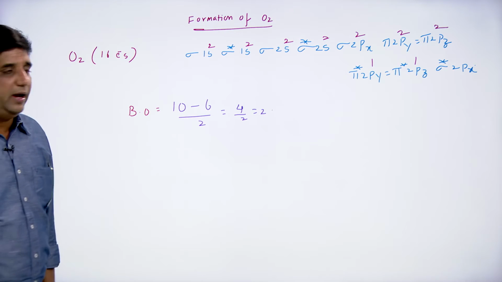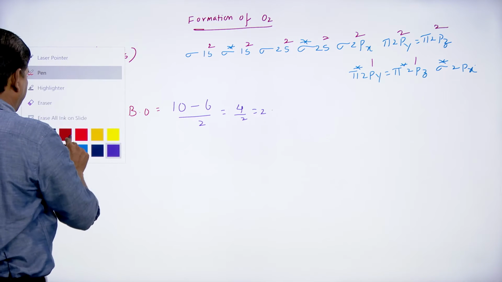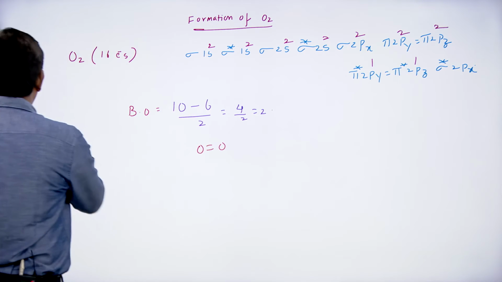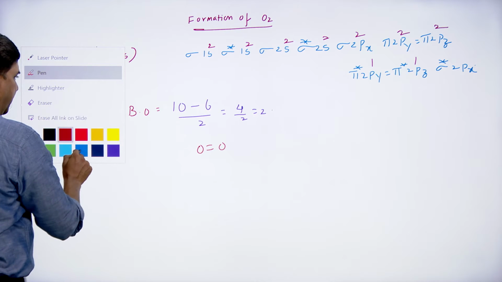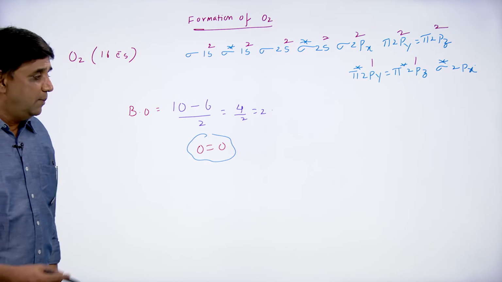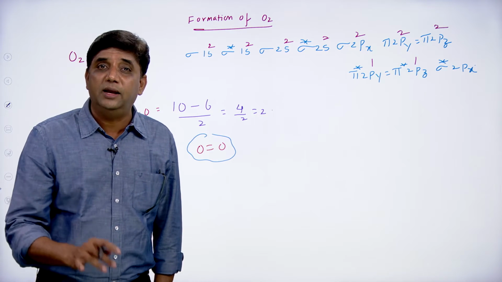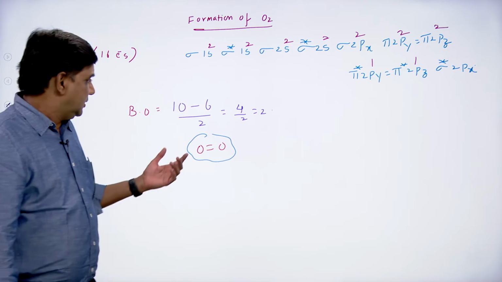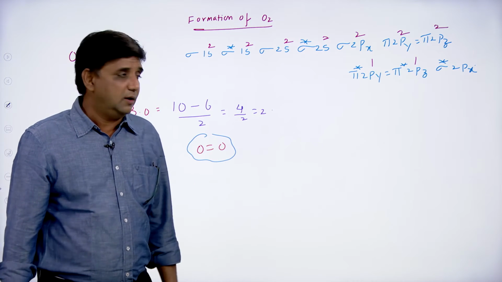So that is the reason why the oxygen molecule exists as a diatomic molecule. A double bond between the two oxygen atoms, because bond order is 2. Bond order is directly proportional to the number of bonds between the atoms. So 2 bonds between the two oxygen atoms.